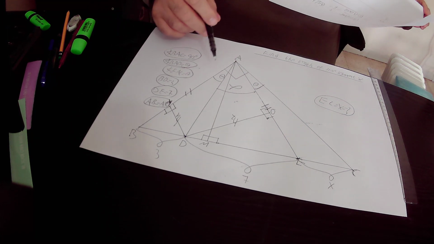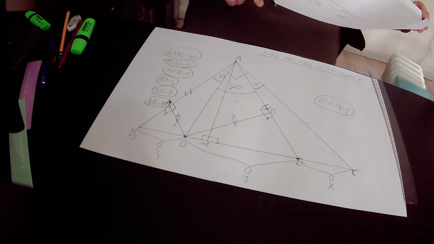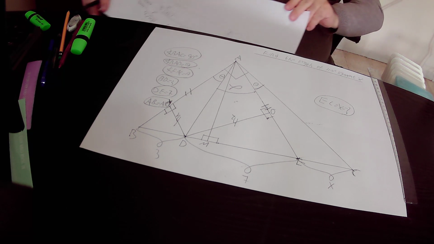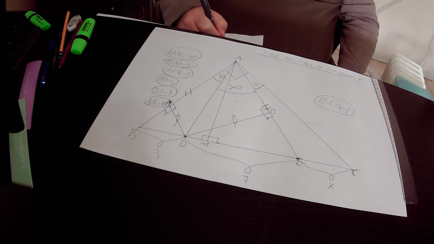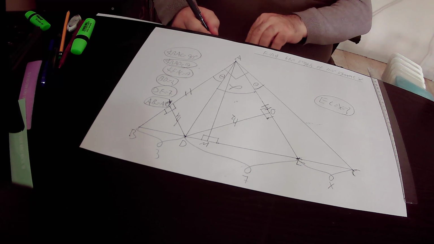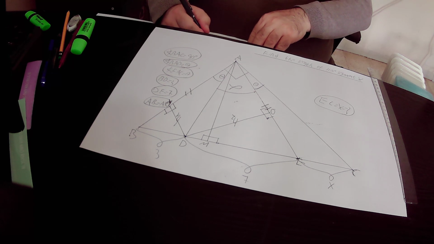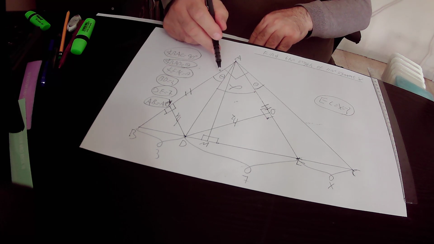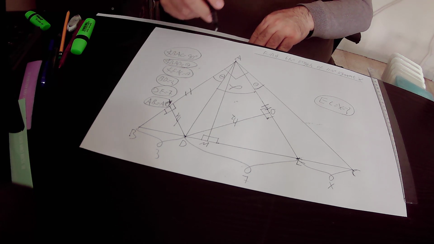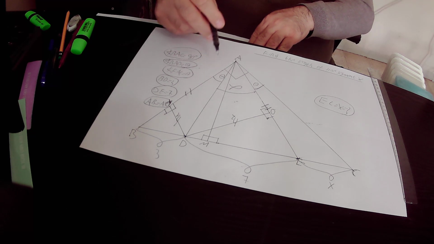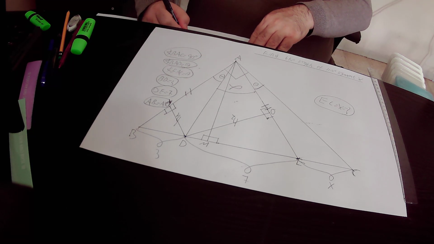Here, in the right triangle AKD, sine theta will be equal to H1 over AD.